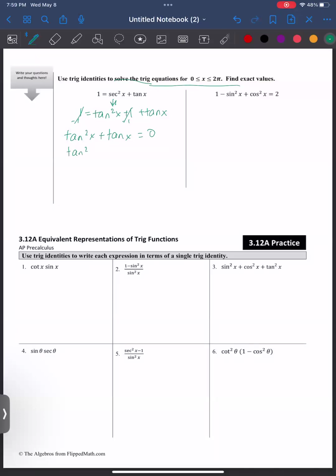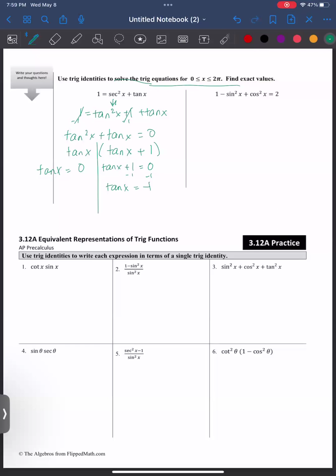That's my greatest common factor, a tangent of x. And that leaves behind tangent of x plus 1. And now, just like when I do my factoring, I'm looking for when tangent of x equals 0 and when tangent of x plus 1 equals 0. Well, if I subtract 1 from both sides, I'm looking for when tangent of x is equal to -1.